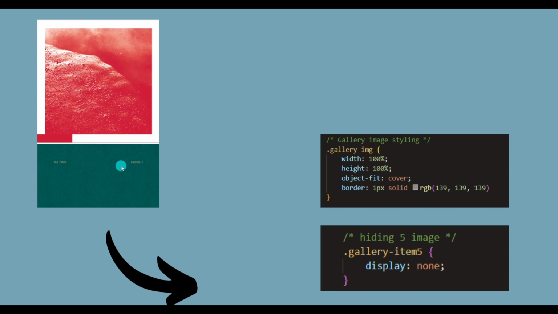In large mobile, I have used only 4 images to be displayed. To display images in full width and height, I have used width 100%, height 100% and object-fit cover. I don't want to display the fifth image, so I have used display none.